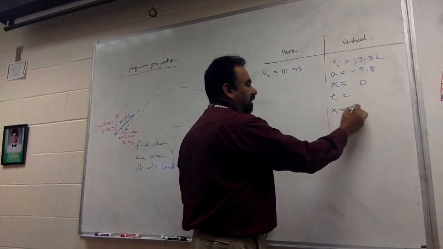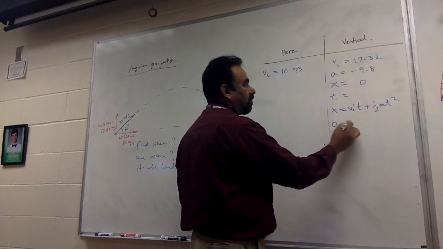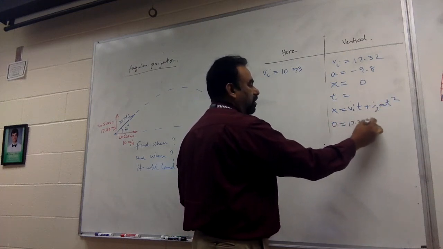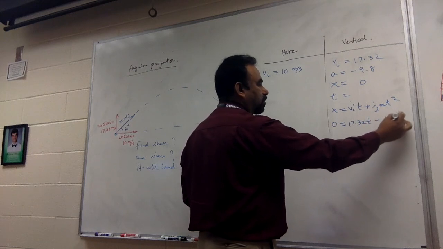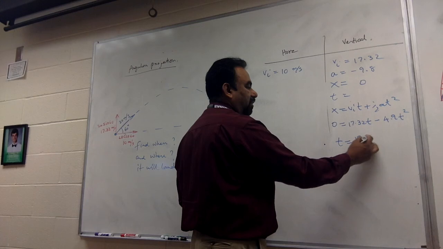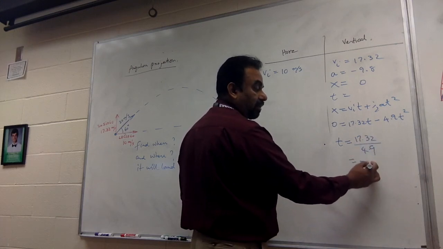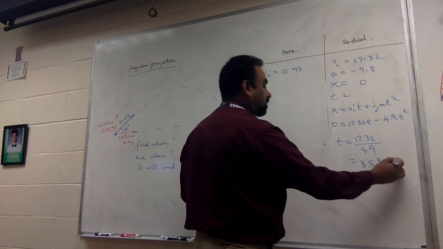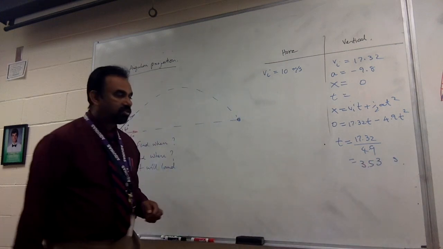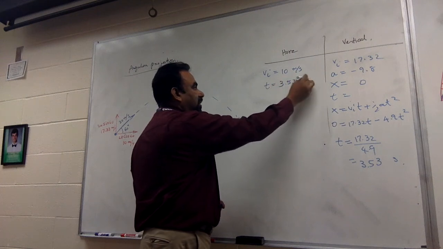So find the time. Use x is equal to VIT plus half AT square. 0 equals 17.32 t minus 4.9 t square. So t will be 17.32 divided by 4.9. And the answer is 3.53 seconds. As soon as you get that, put it down here. T is equal to 3.53 seconds.